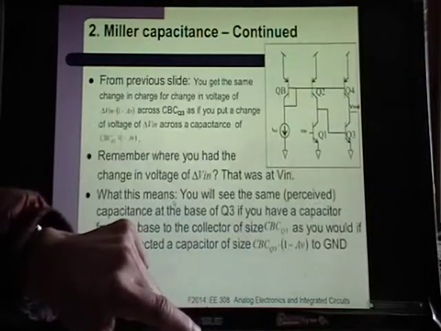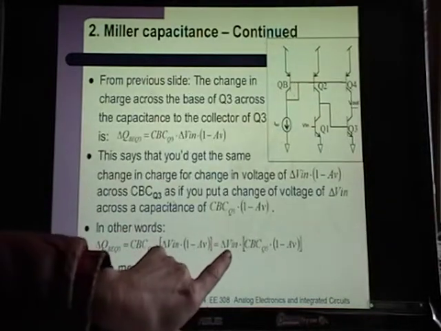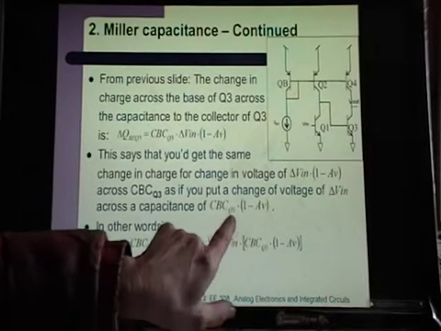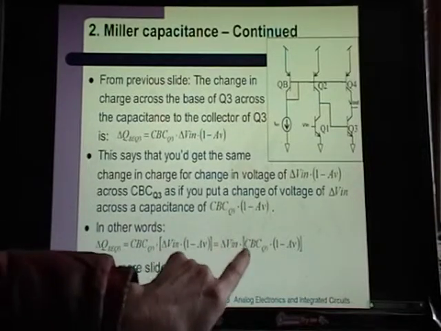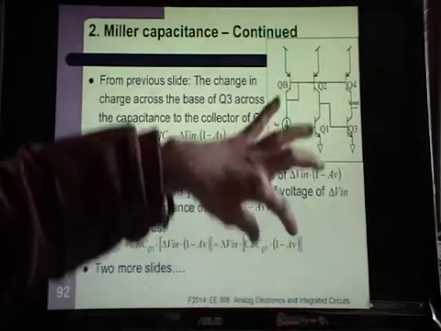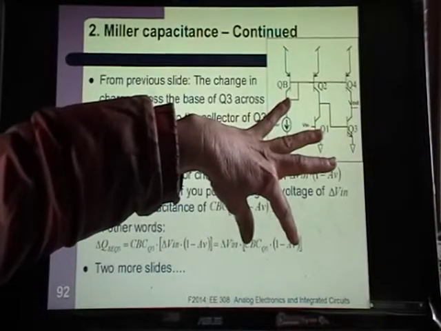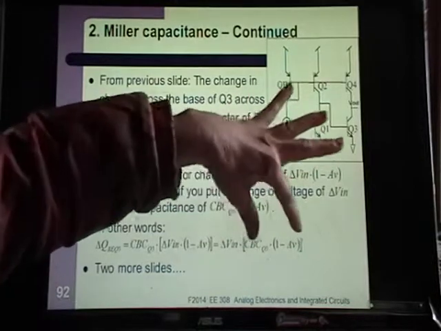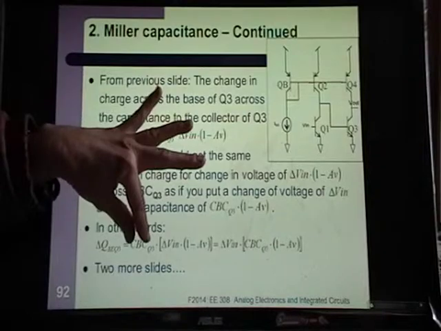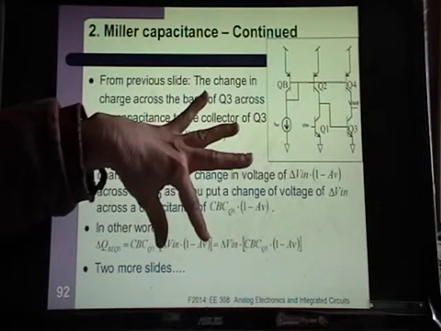Remember, let's go back. I can get the same change in charge on that capacitor if I have a change of voltage of delta Vn times your CBC times 1 minus AV. If I have a capacitor of this size and a change of Vn across that capacitor, I get the same change of charge as I have if I have this capacitor with this much change in voltage across it.